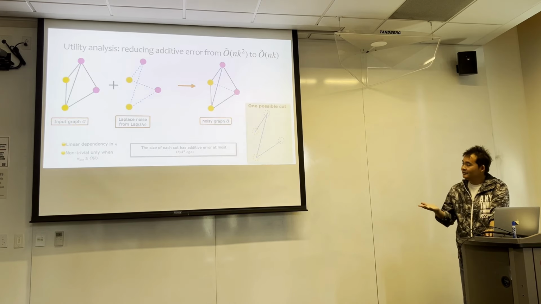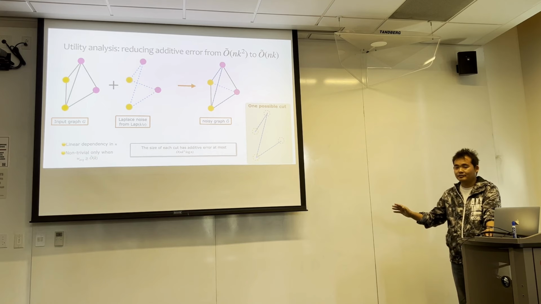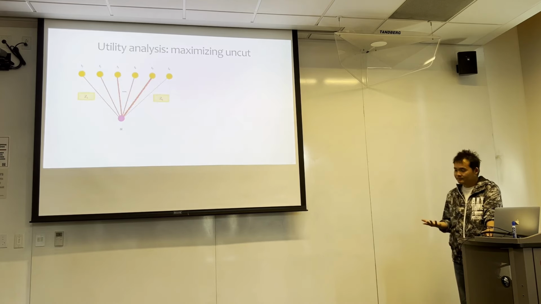But you see that we just want to output a minimum cut instead of approximating every cut, right? So somehow we can use this to further improve the utility and achieve nk additive error, saving a k factor, and actually it does.